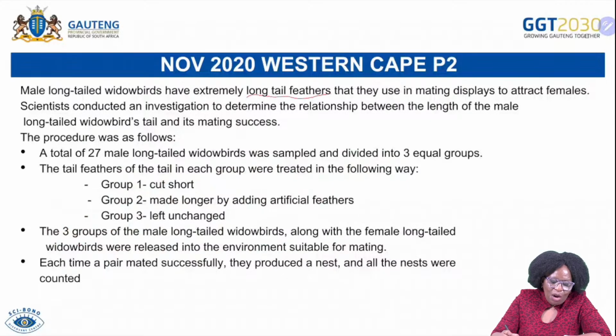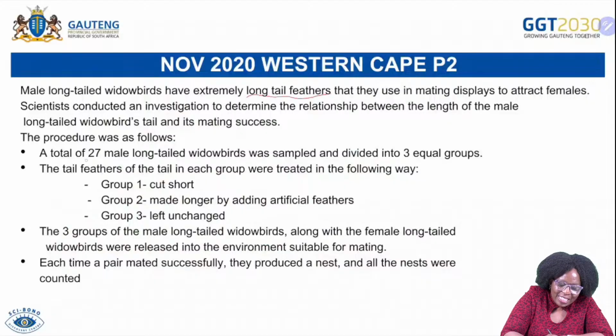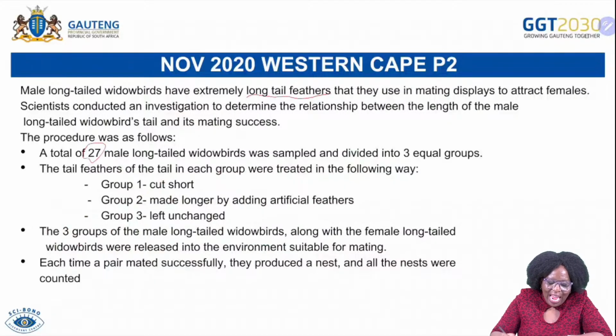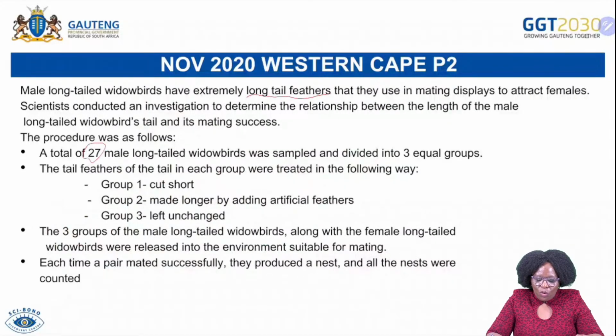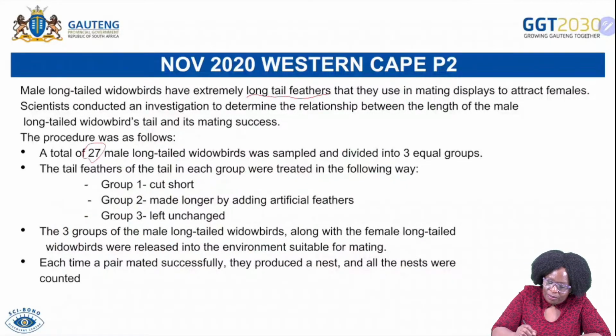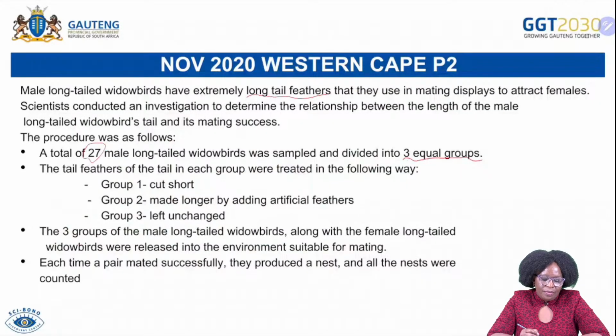The procedure was as follows. A total of 27 male long-tailed widowbirds were sampled and divided into 3 equal groups. The tail feathers in each group were treated in the following way.